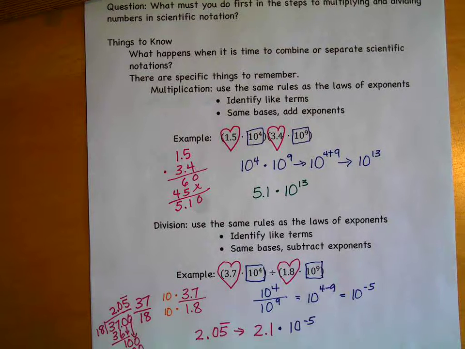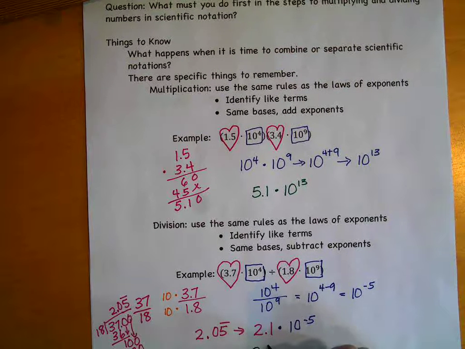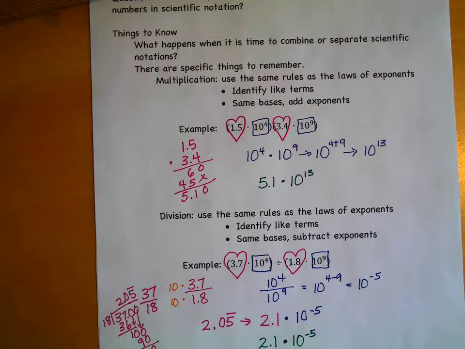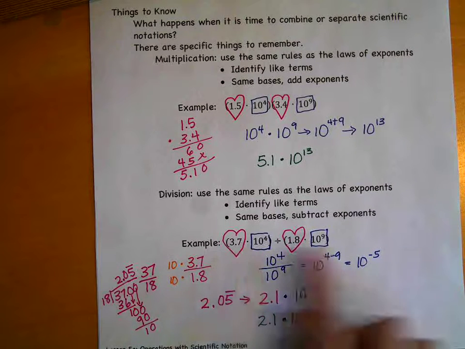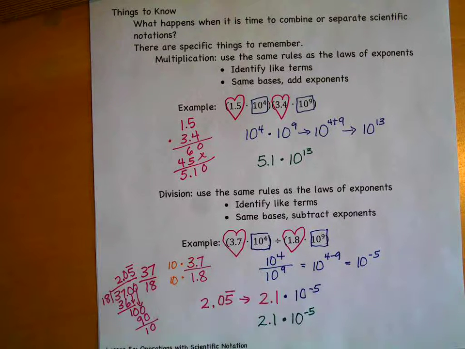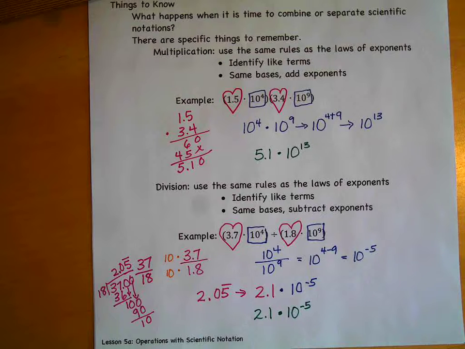So now our number in scientific notation is 2 1/10 times 10 to the negative 5th power. And so you have just learned how to divide two numbers in scientific notation by combining like terms and dividing them out, and this is the result that you get from doing that.